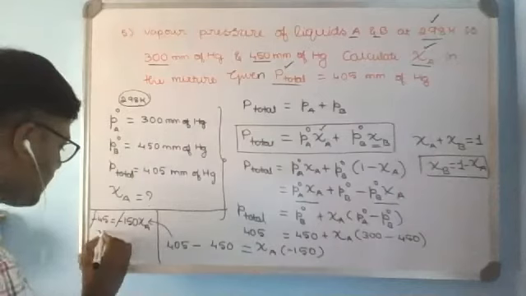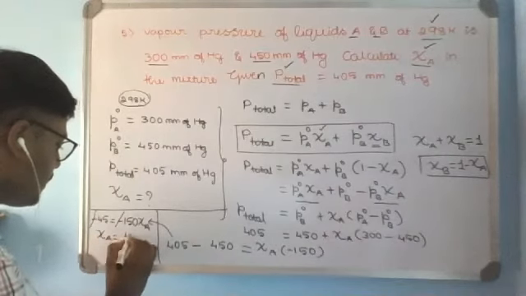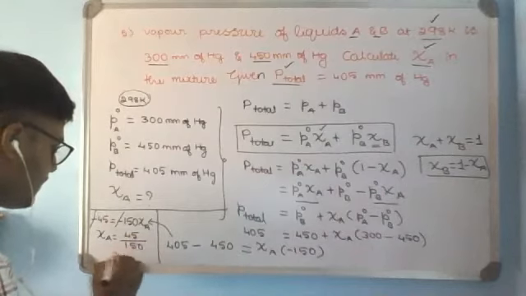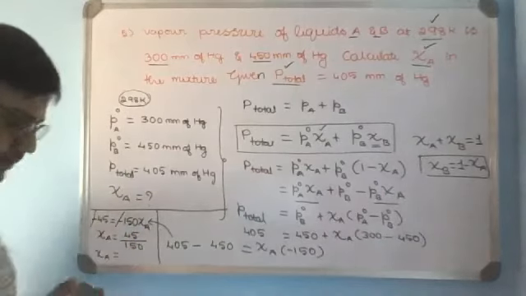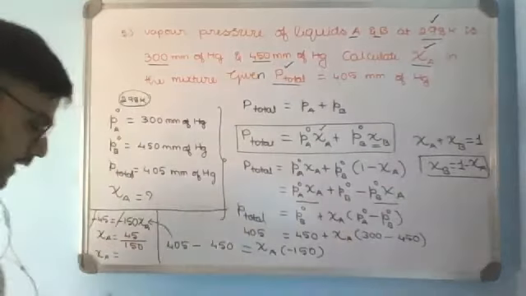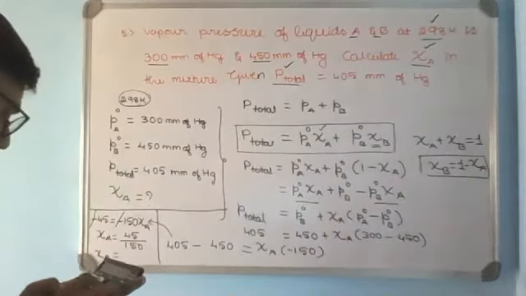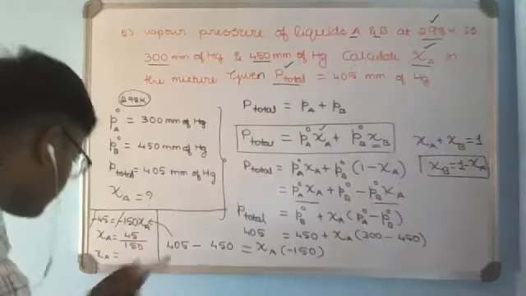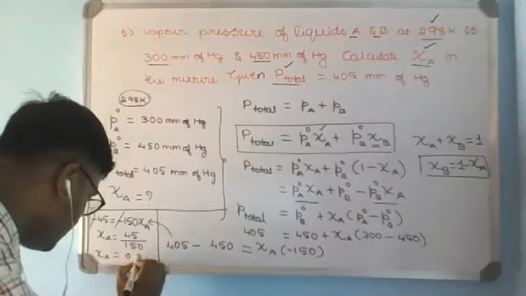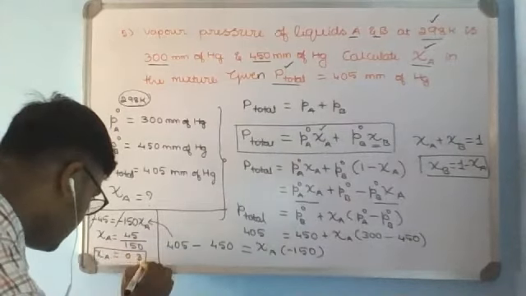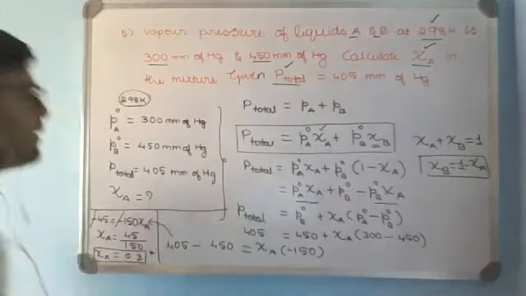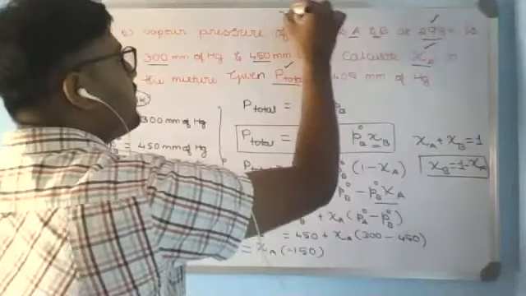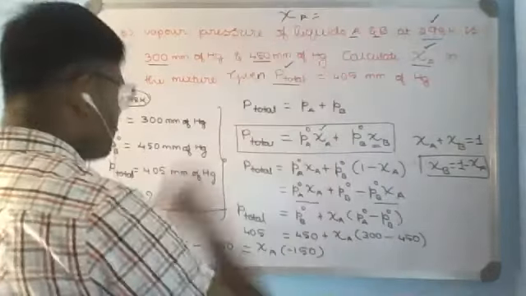Now mole fraction of A will be equal to 45 divided by 150, and checking from the calculator, 45 divided by 150 is 0.3. So the answer is, the mole fraction of A we have calculated as 0.3.